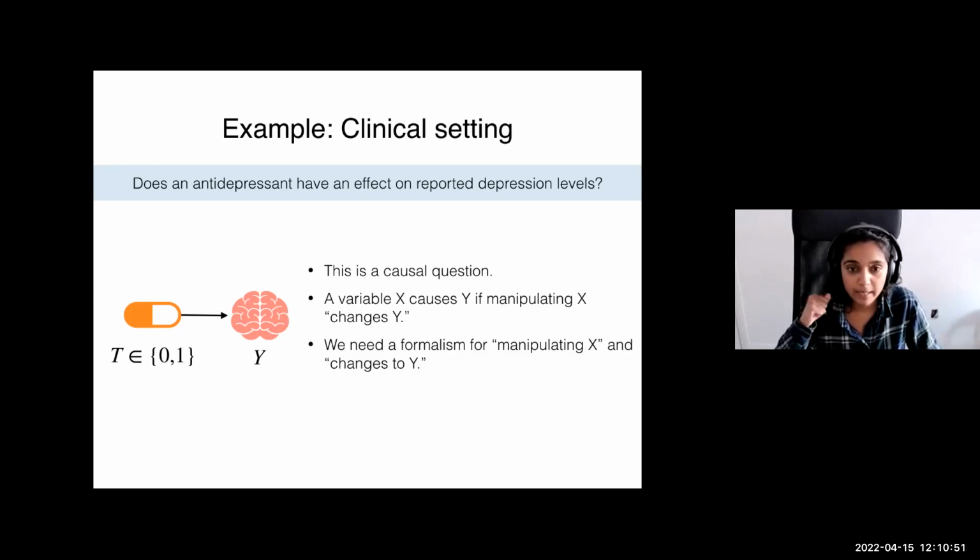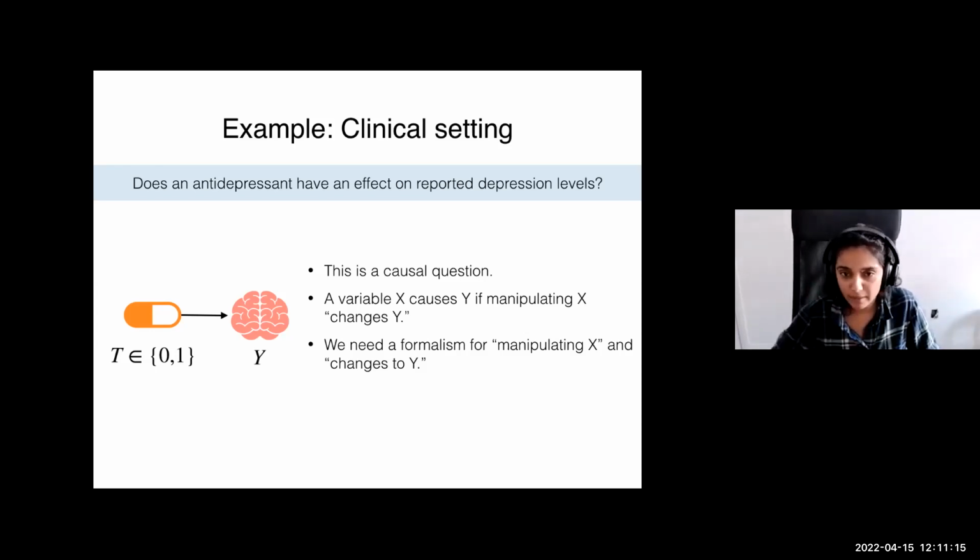Okay, and so here I've used little pictographs to represent taking a new drug therapy or not as a binary choice. And there is some outcome of interest. So I've represented reported depression levels with some measured outcome Y.